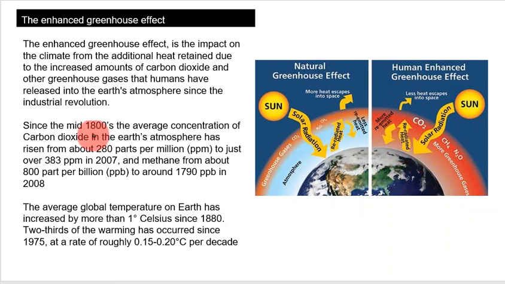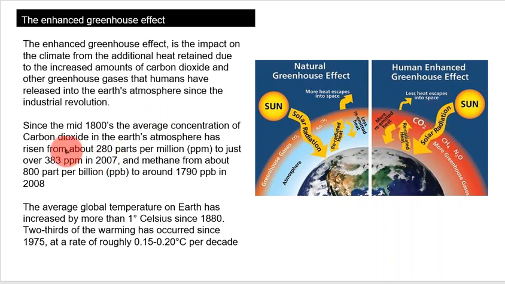The enhanced greenhouse effect is the impact on the climate from additional heat retained due to increased amounts of carbon dioxide and other greenhouse gases that humans have released into Earth's atmosphere since the Industrial Revolution. So we're slowly increasing the amount of greenhouse gases in the atmosphere, and as a result, it's interfering with this normal process and creating this enhanced greenhouse effect. So it's essentially increasing global temperatures.